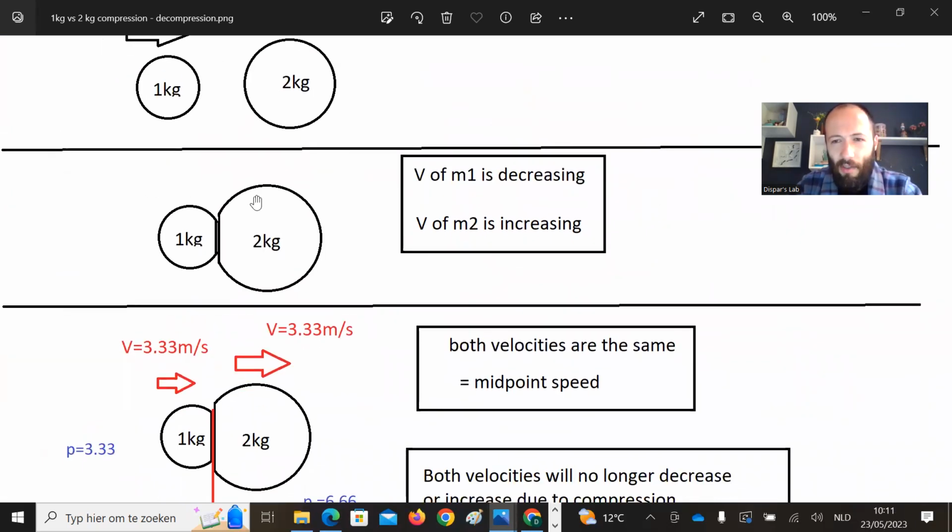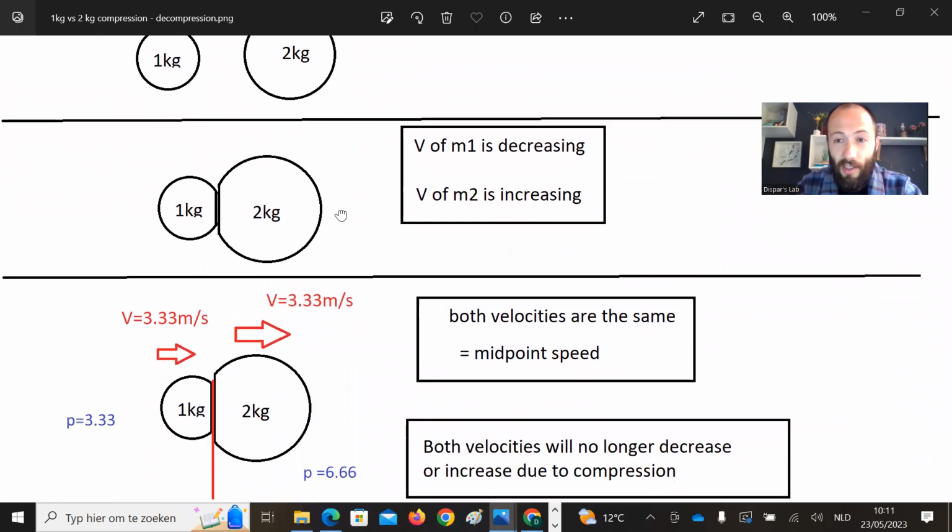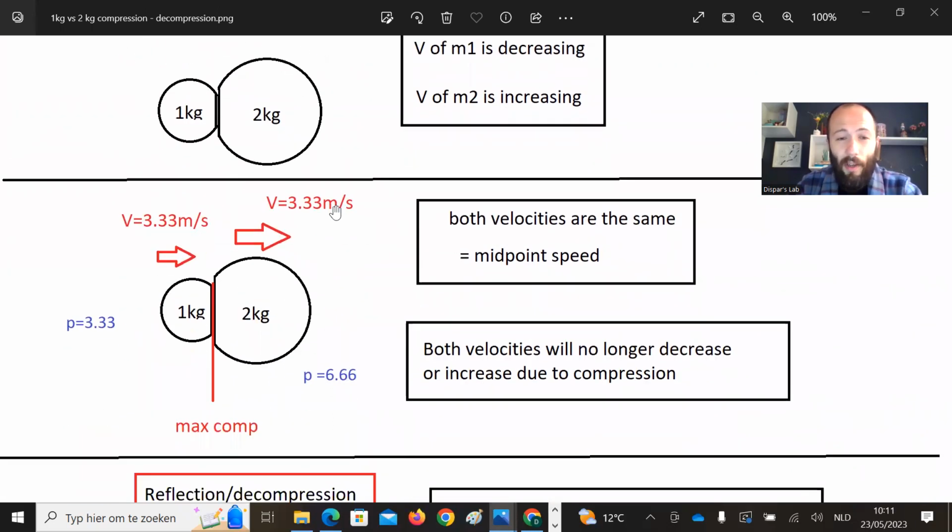Then they start to press into each other, compression phase. Velocity of mass 1 is decreasing, velocity of mass 2 is increasing. So then what we want to know is, sorry, interruptions, what's the speed going to be when they reach maximum compression point?